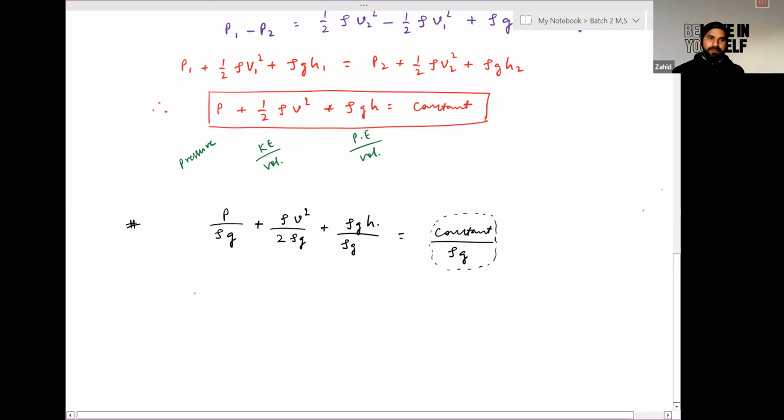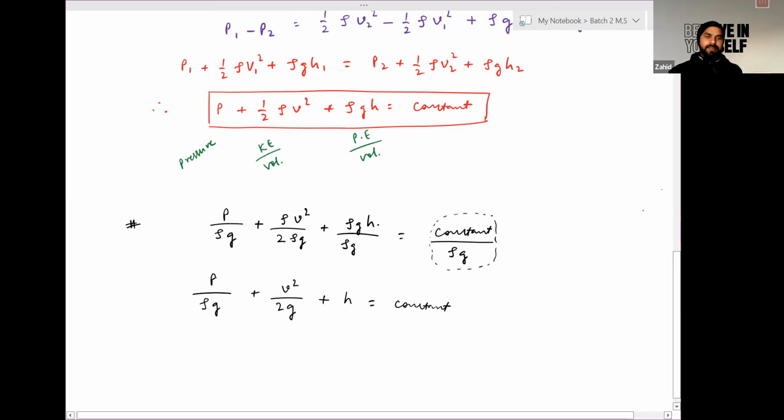So you're left with P divided by rho g, v squared divided by 2g, and just H, equals some other constant.